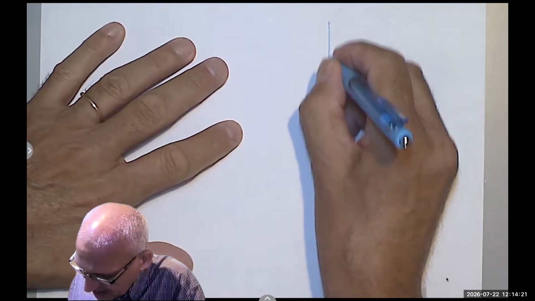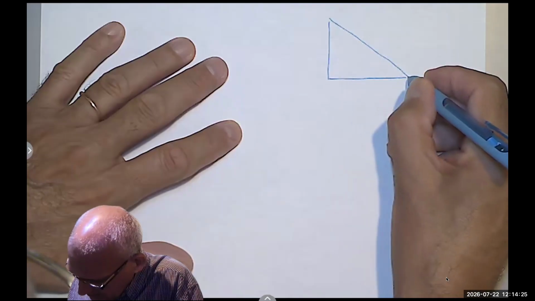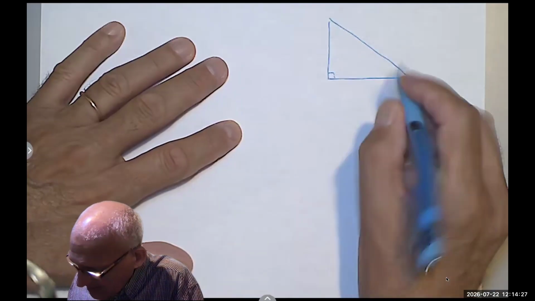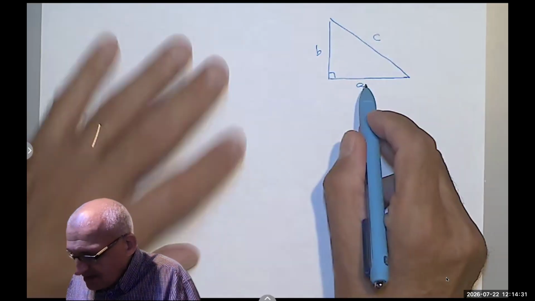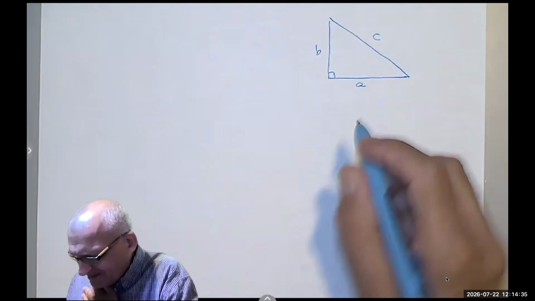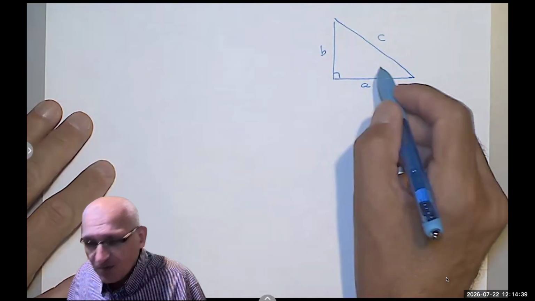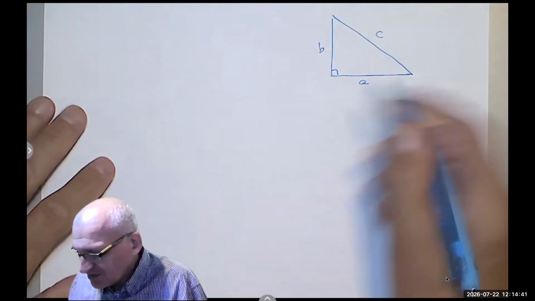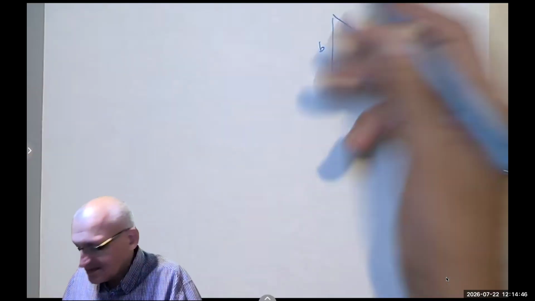So if I have a right triangle here, and let's call the sides A, B, and C. Well, I should have put A here, because usually we refer to the angle opposite to the side with the same letter but uppercase. So that would be B and that would be A instead of this being A, and that doesn't matter.